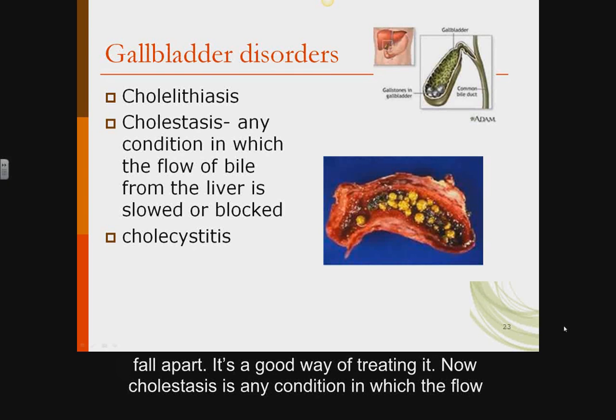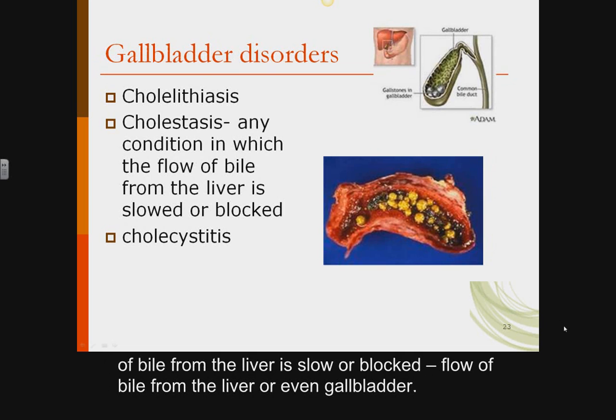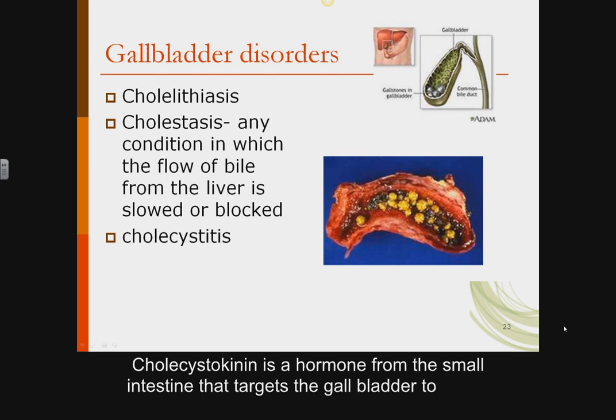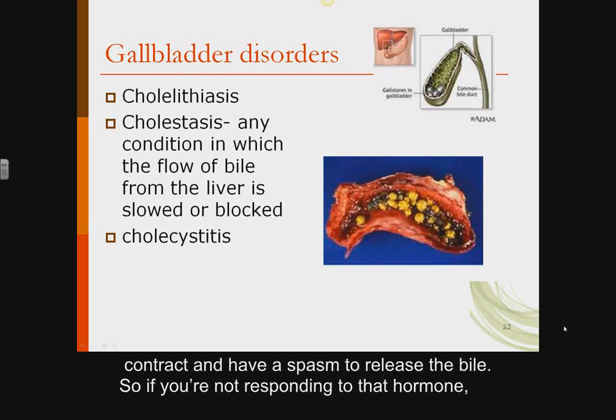Now, cholestasis is any condition in which the flow of bile from the liver is slow or blocked. Flow of bile from the liver or even gallbladder. Cholestasis can occur because of a lack of a hormone called cholecystokinin or CCK. Cholecystokinin is a hormone from the small intestine that targets the gallbladder to contract and have a spasm to release the bile.